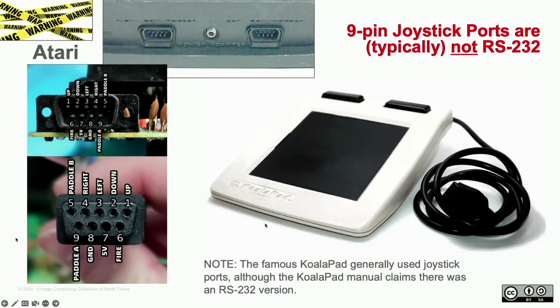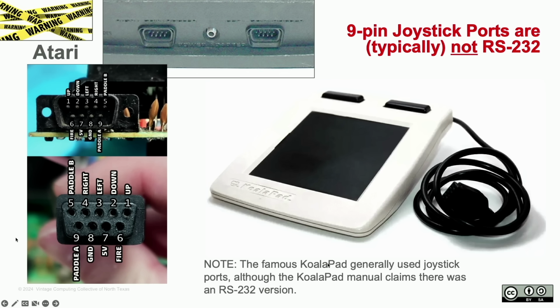Okay, the Atari. Even though it looks like a 9-pin port, it's not always RS232. For whatever reason, Atari, this was 1977, so they did it ahead of IBM. This is the Atari 2600 on the back side. It looks like a regular 9-pin thing, but it's not RS232. You can read the pinouts, the power, and how you hit the different buttons.